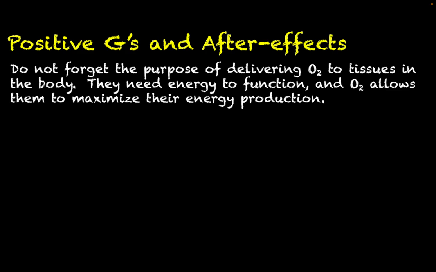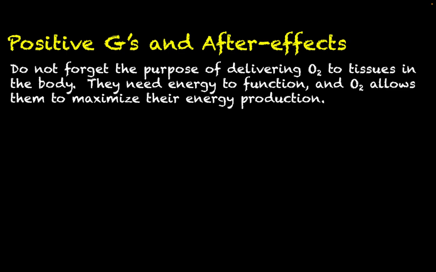So we don't want to forget that the purpose of delivering oxygen to all these different tissues in the body, especially the brain, is that these tissues, these cells, these organs, they need energy in order to function. And oxygen allows them to greatly maximize their energy production, especially the brain and especially the retina.